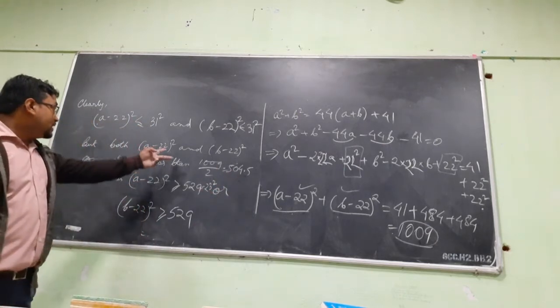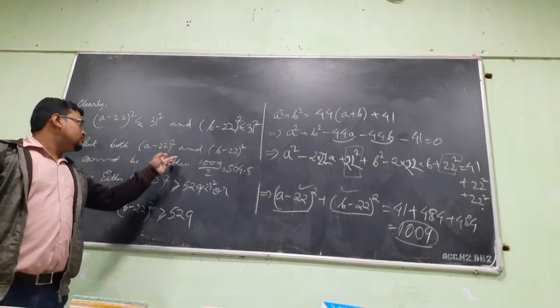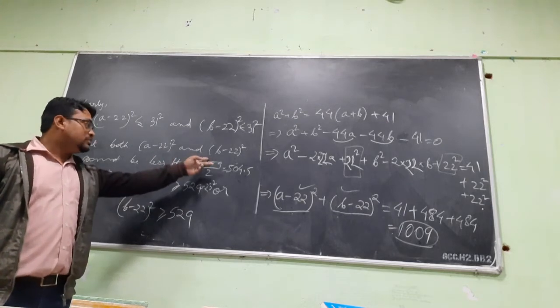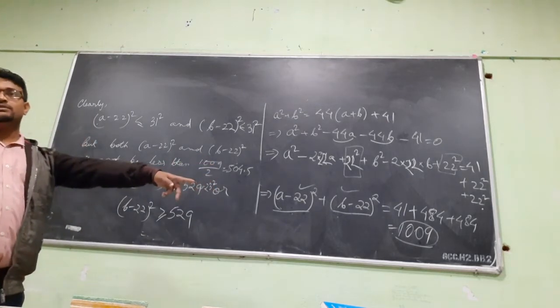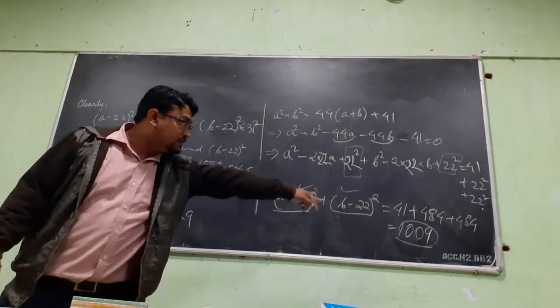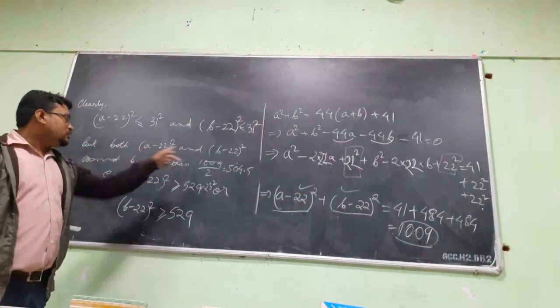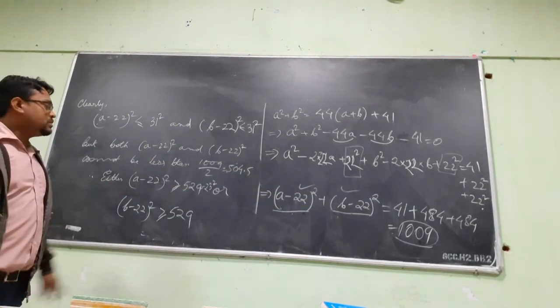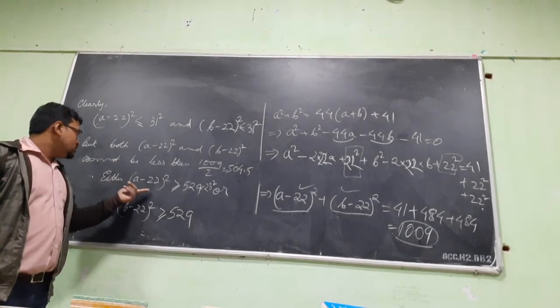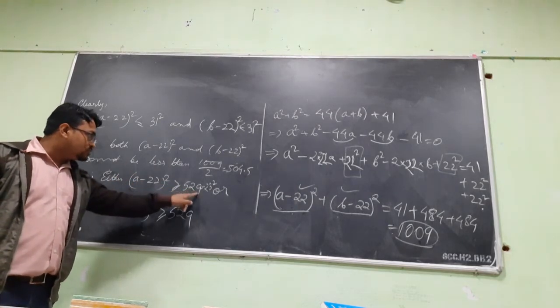Both of them cannot be less than 504, because if both are less than 504, their sum will be less than 1009. So at least one of them should be greater than 500. But these are perfect squares, so at least one of them should be greater than or equal to 23 square.